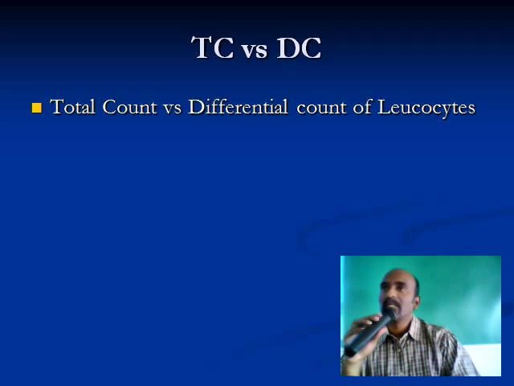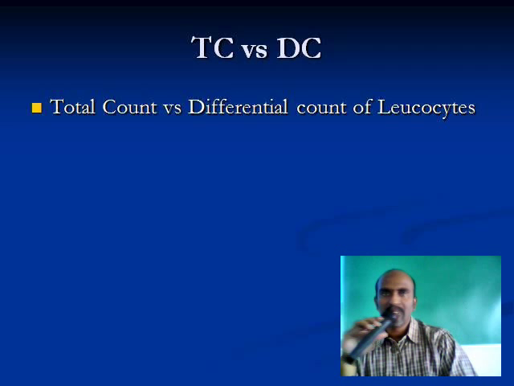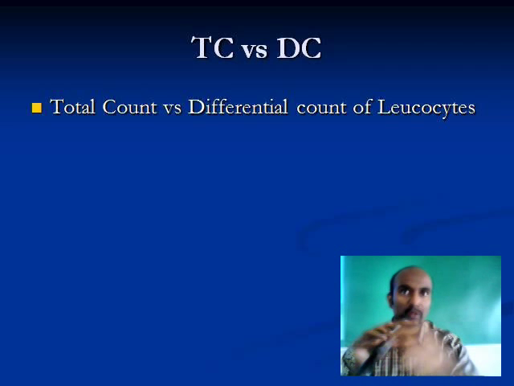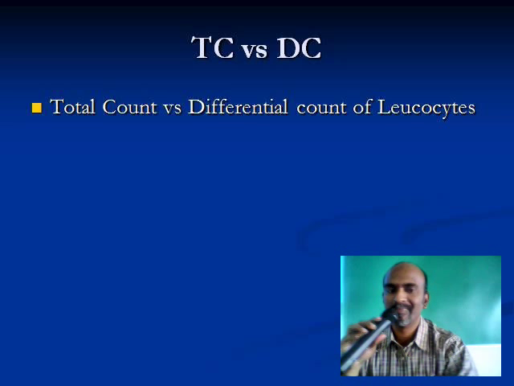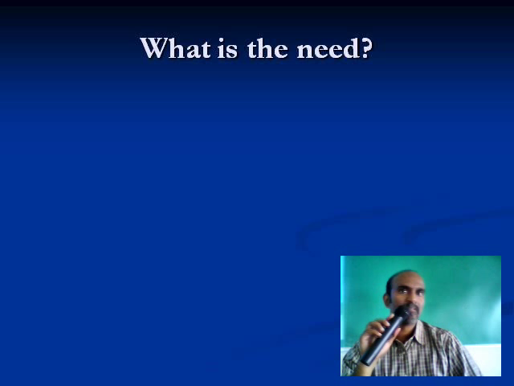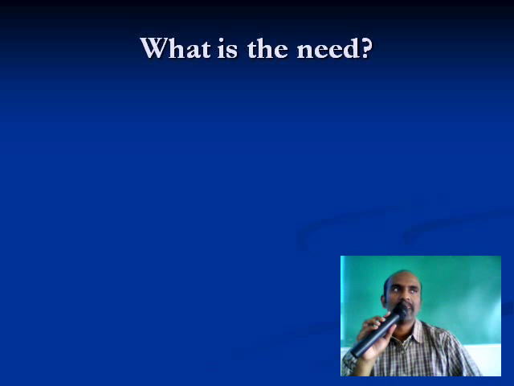Well, that is what we discussed just now. We saw what is the difference between total count and differential leukocyte count. Understand, both are leukocytes. Next question is, what is the need? Why should I know?